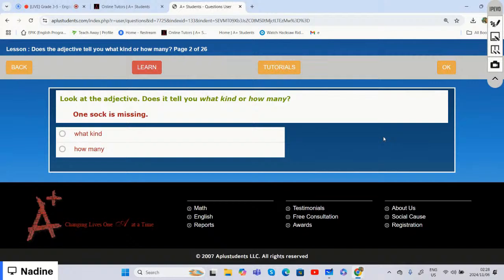One sock is missing. Is it option one, what kind? Or option two, how many? So one sock is missing. Does it tell us how many socks are missing? What kind of socks are missing?